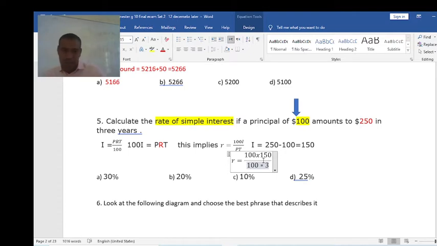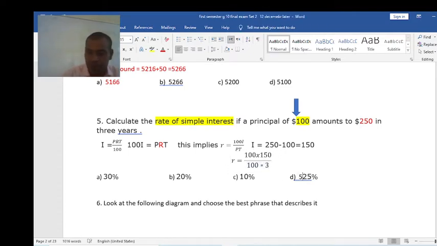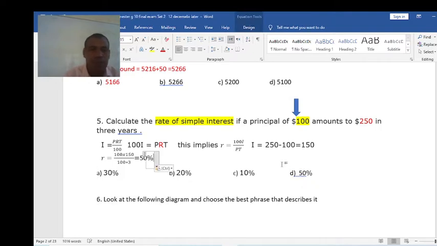So the answer should be equal to 50%. I'll just write this there: equal 50%. Clear? So this is how you think of this; of course we were told 3 years.